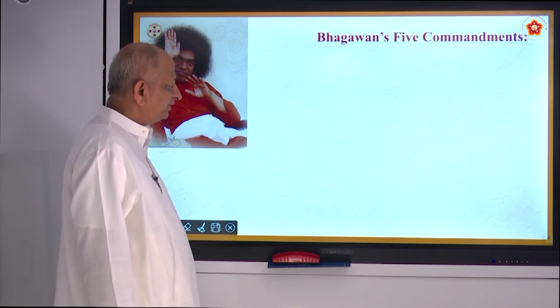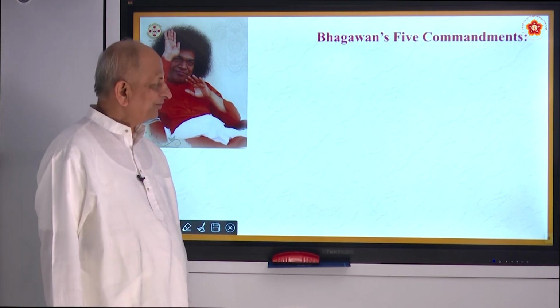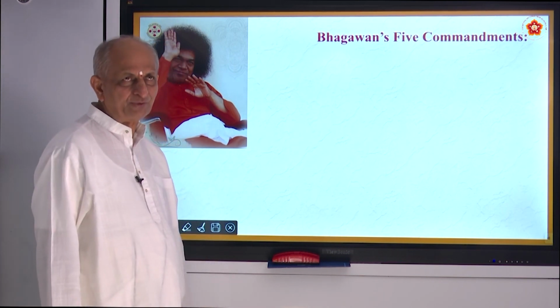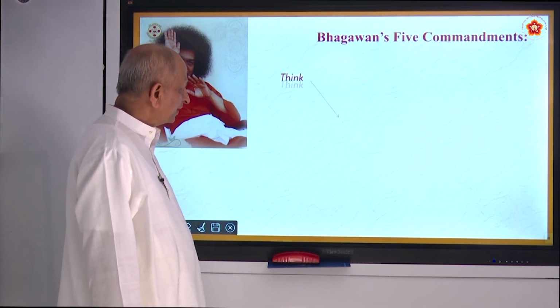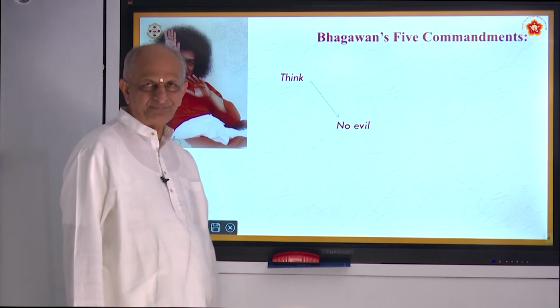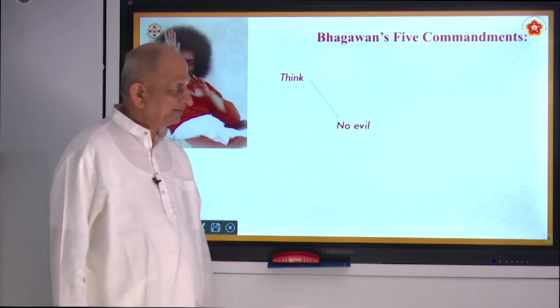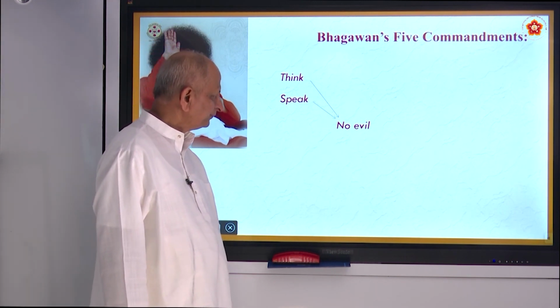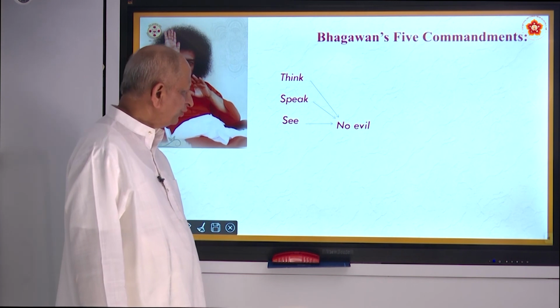Okay, now let us see what Baba says. 5 commandments of Baba. Means we have to follow these 5. What are the 5 things? Think no evil. Should not think of evil. Speak no evil. See no evil.